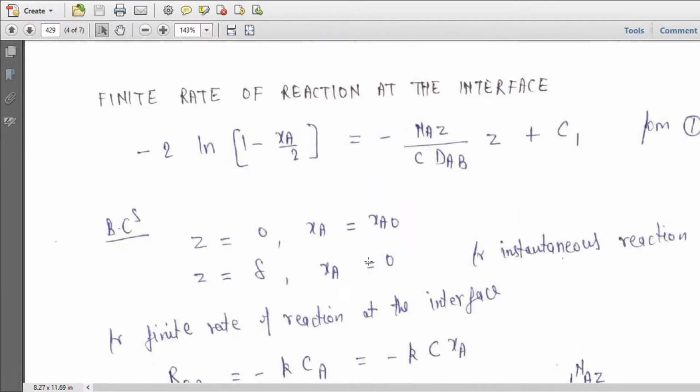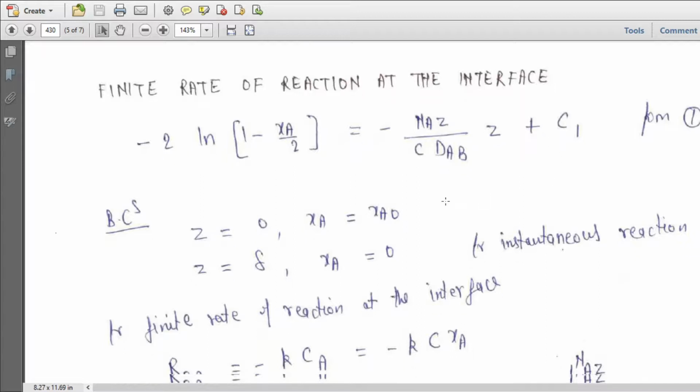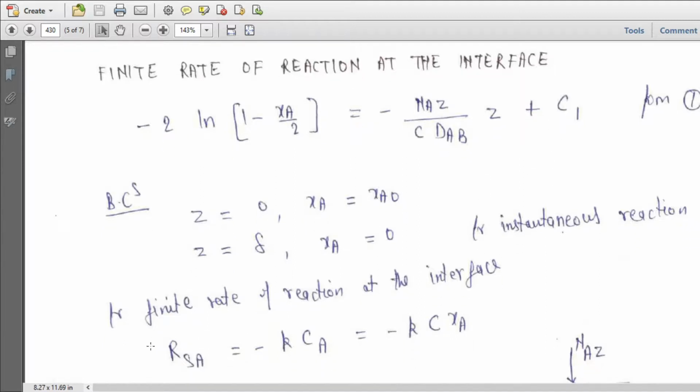Now in case of a finite rate of reaction: in the instantaneous reaction, XA comes to be 0 at the catalyst surface, but in case of finite reactions this will not be the case, so we have to find it again. At the surface, the rate of reaction is minus k C XA. So this would be the condition at this particular place.